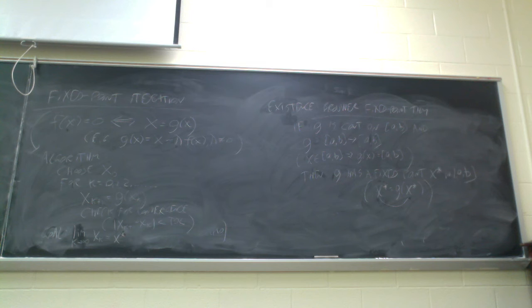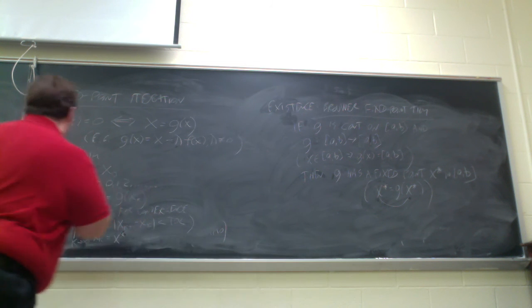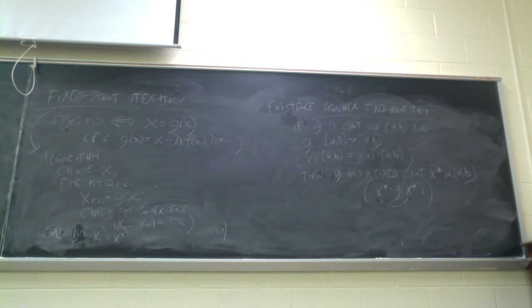Now, at least we have an existence result, but it'd be nice to have a uniqueness result or some reason to believe that this iteration here will actually converge. Where are the applications of the fixed point?